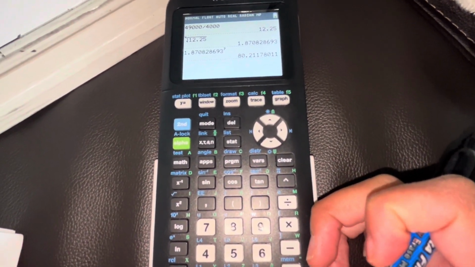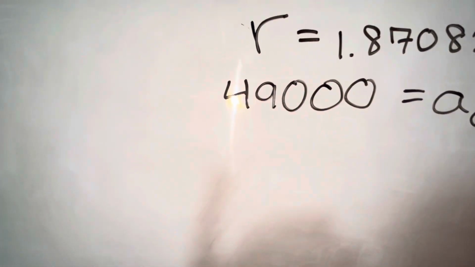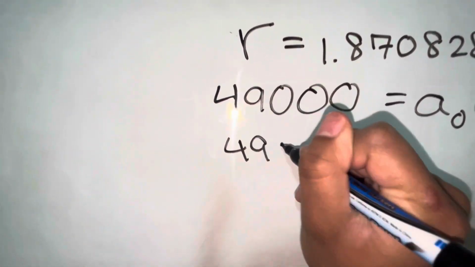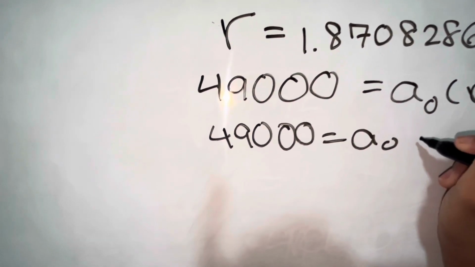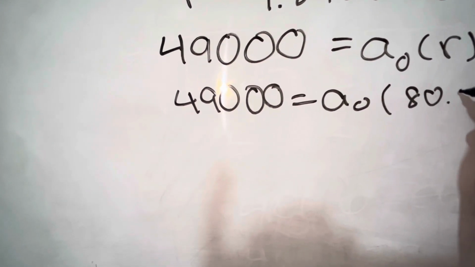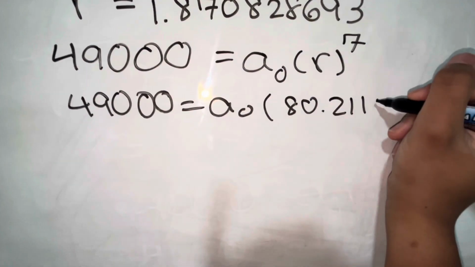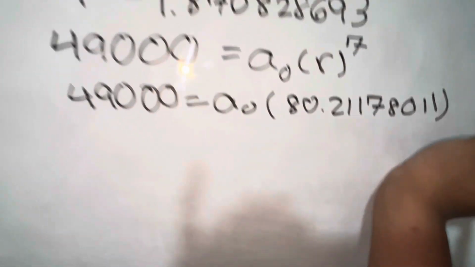And that would be 80.21178011. So let's put that in. 49,000 equals, and that would be 80.21178011.